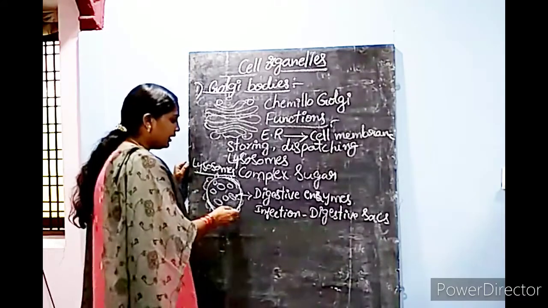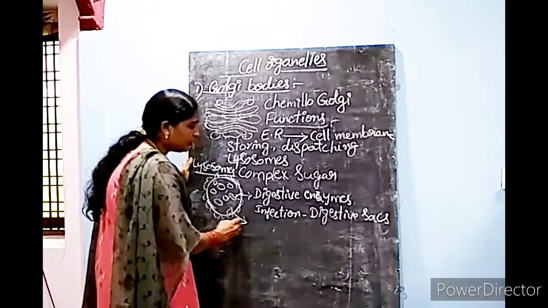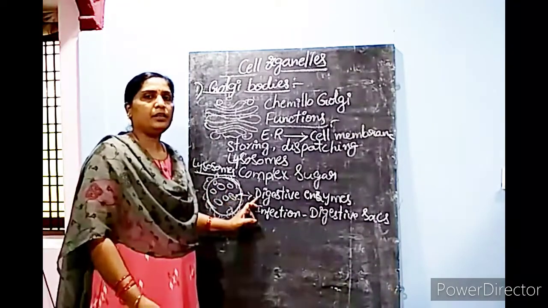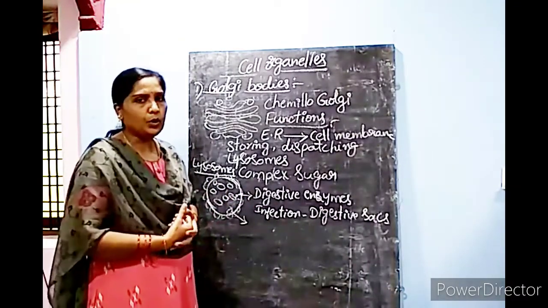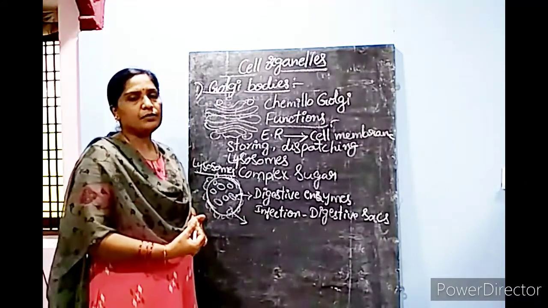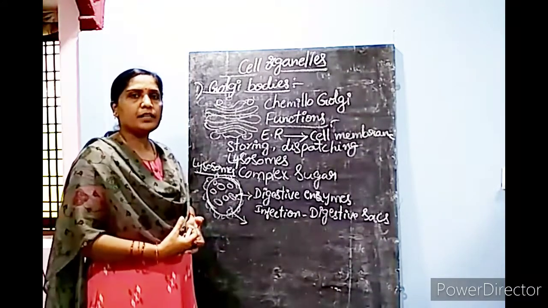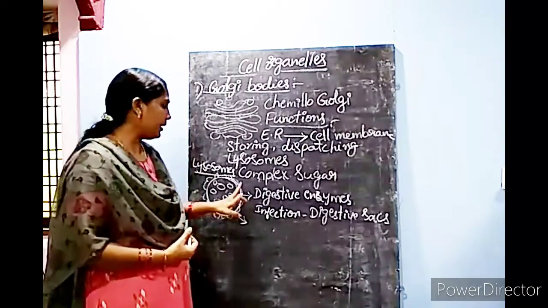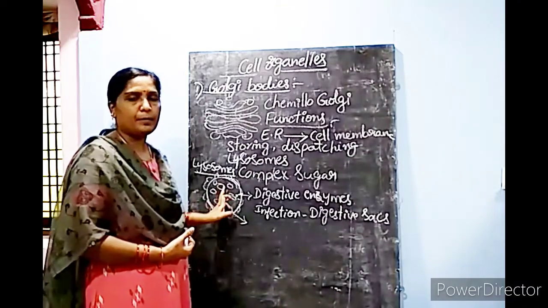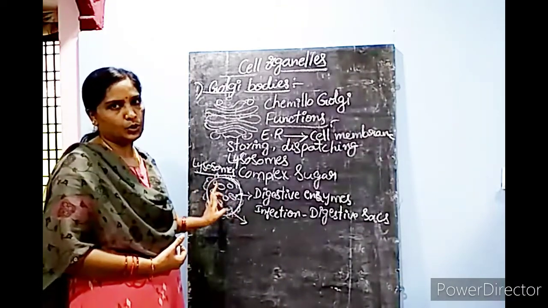And next, these digestive enzymes are also helping to digest the worn out parts. The cell parts which are not working get digested by the help of these digestive enzymes which are present inside the lysosomes.